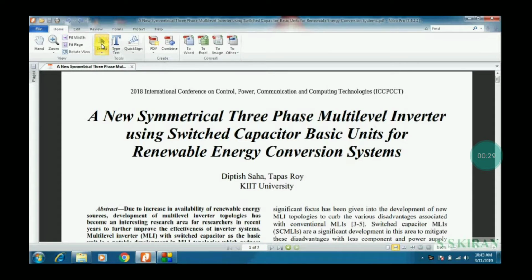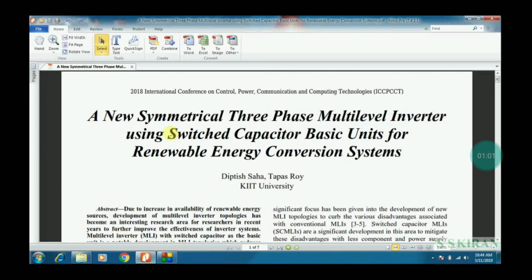The title of this base paper is "A New Symmetrical Three-Phase MLI, multi-level inverter, using switched capacitor."